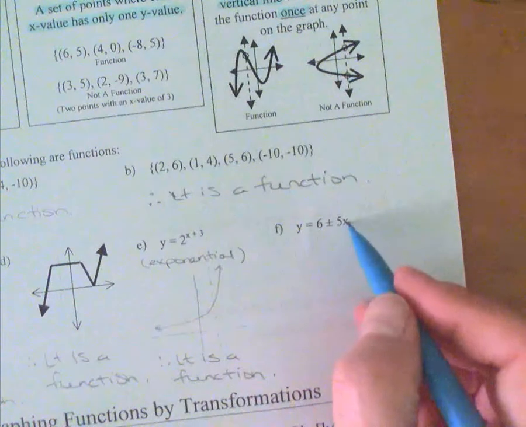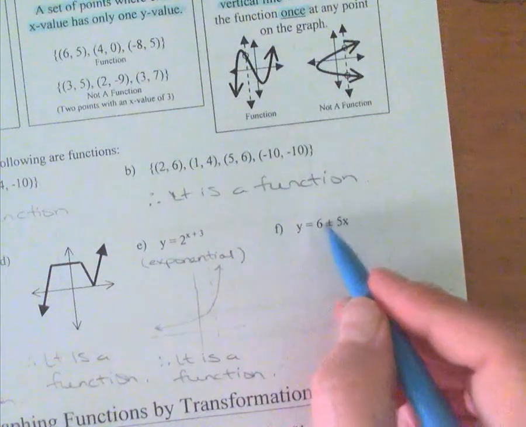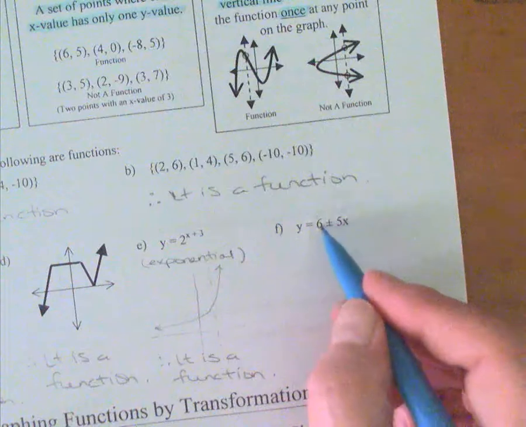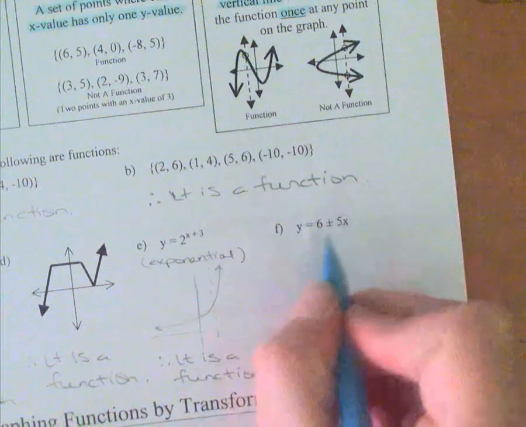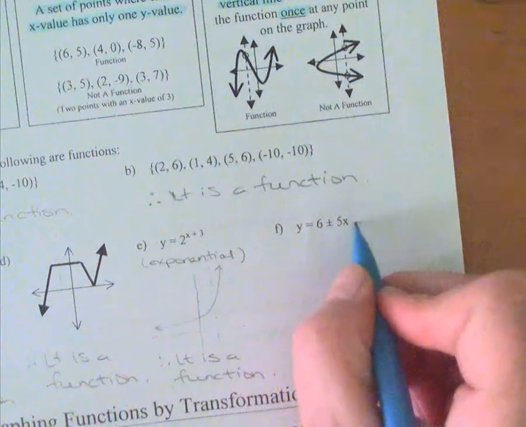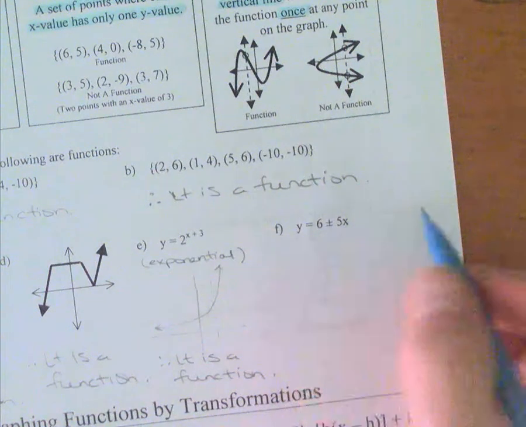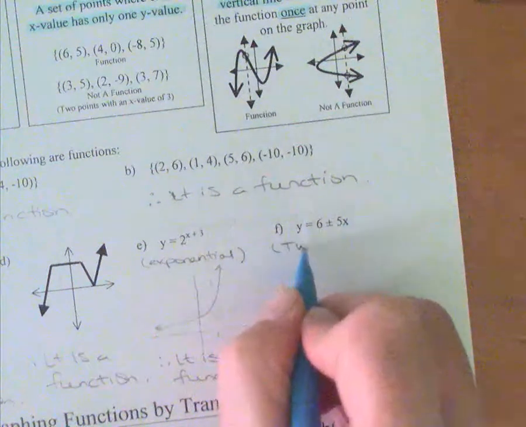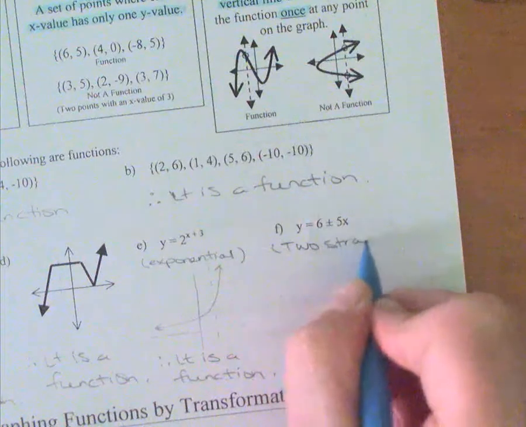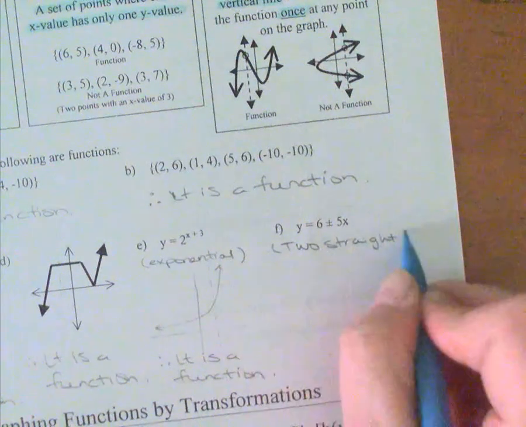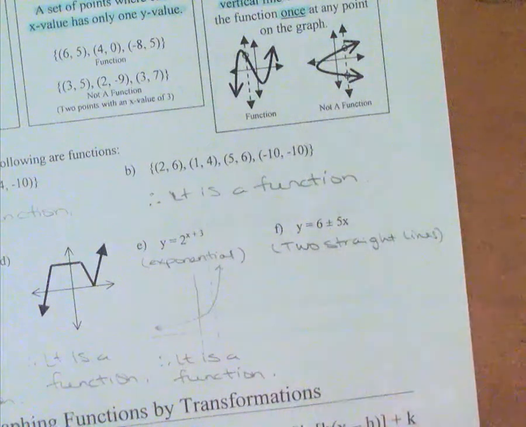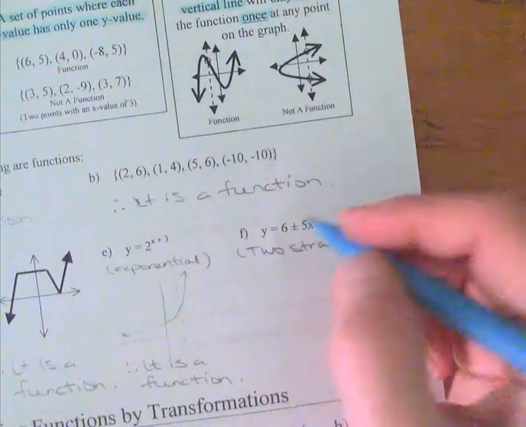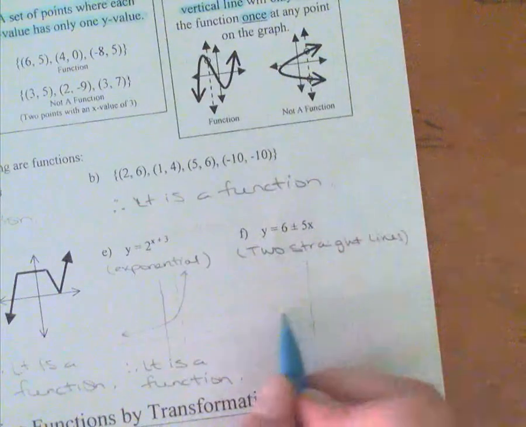If we think about this one, this is 6 plus 5x, or it's 6 minus 5x. So this is in the form y equals mx plus b. So essentially, this is two straight lines. So if I graph that, what will that look like?